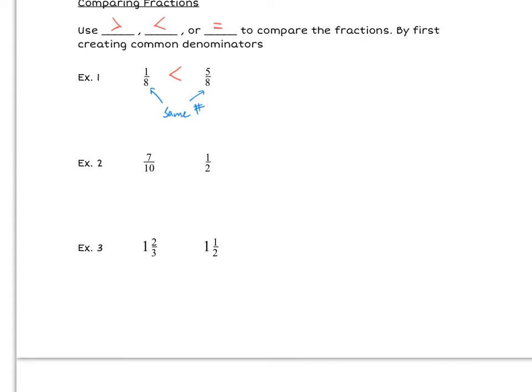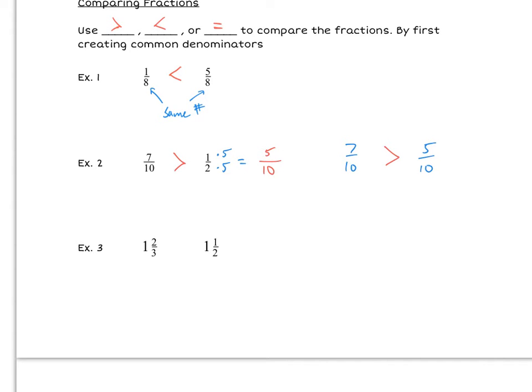I have to multiply by 5. 5 times 5, and 1 times 5 is 5/10. So now we are comparing 7/10 and 5/10. Which one is bigger? 7/10. So on this one, you would put your symbol that way.